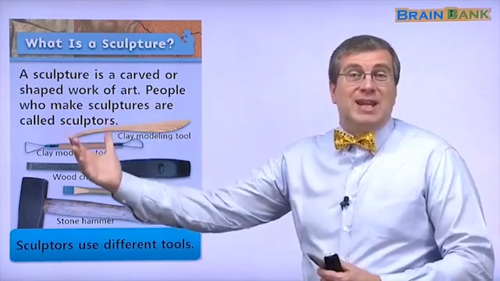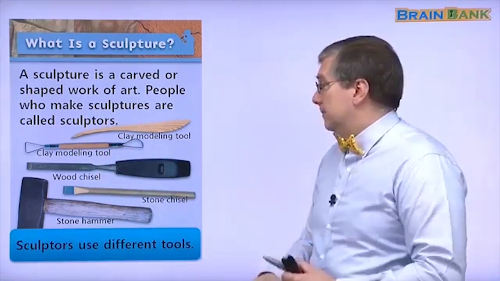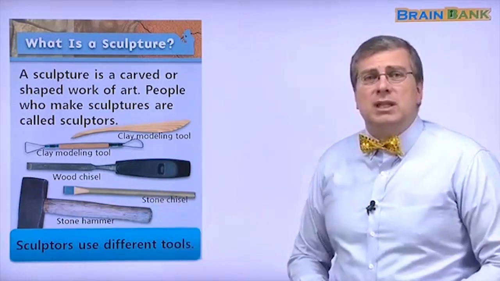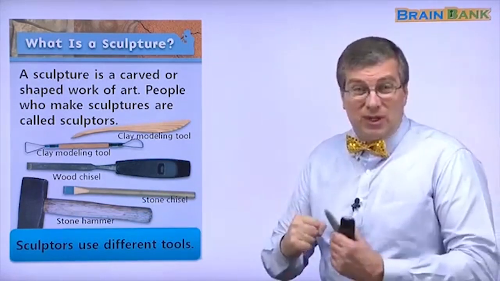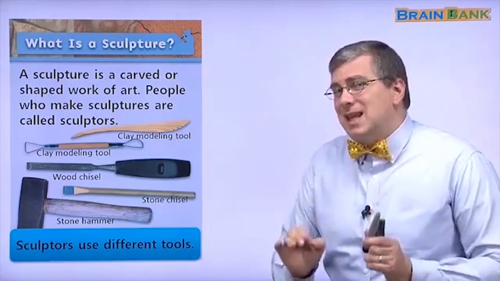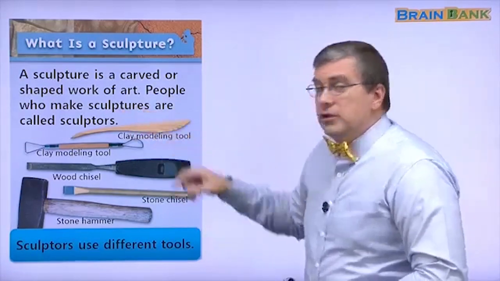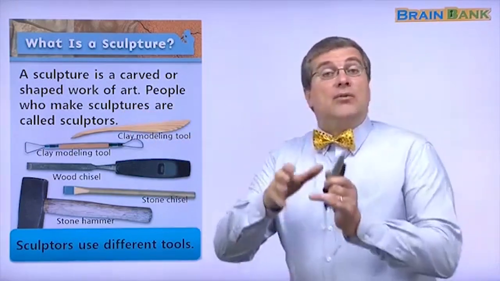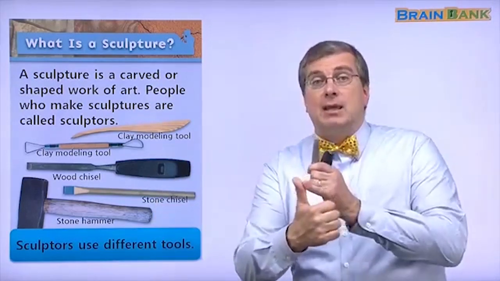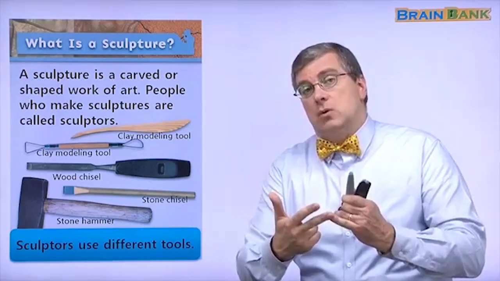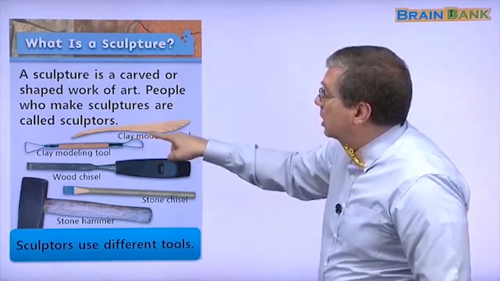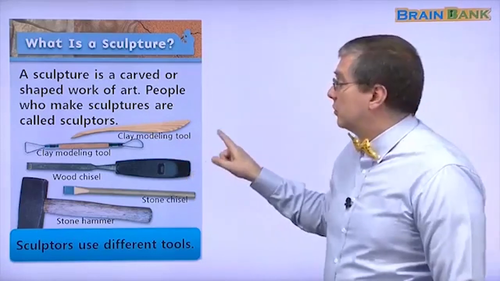Wood is from a tree, right? The bottom two, it says stone. Stone is very, very strong. So we can see that sculptures are made of different materials. Clay, wood, and stone.